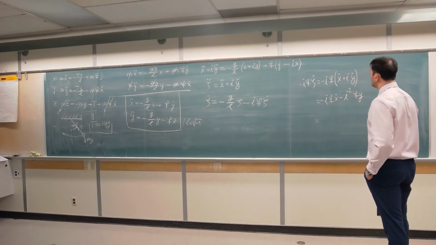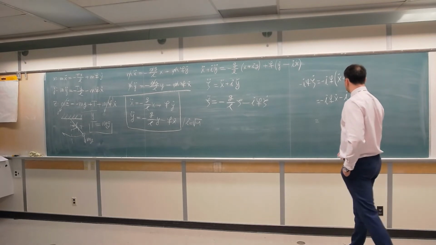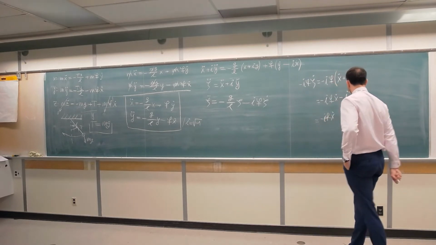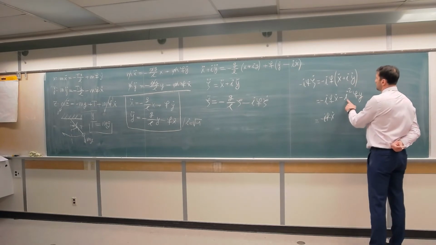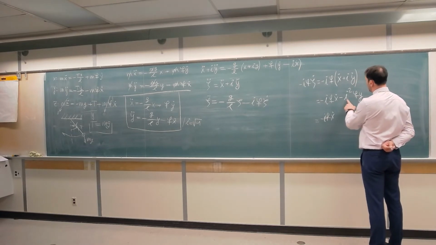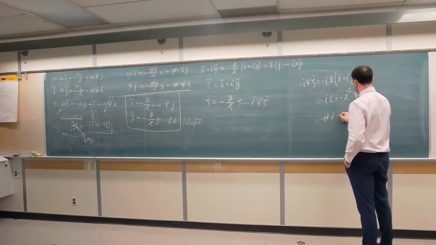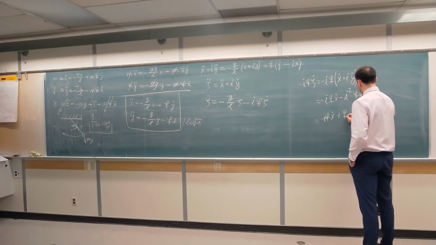And this is further going to give me negative i f x dot, since i squared is negative 1, and this negative will give me positive f y dot.